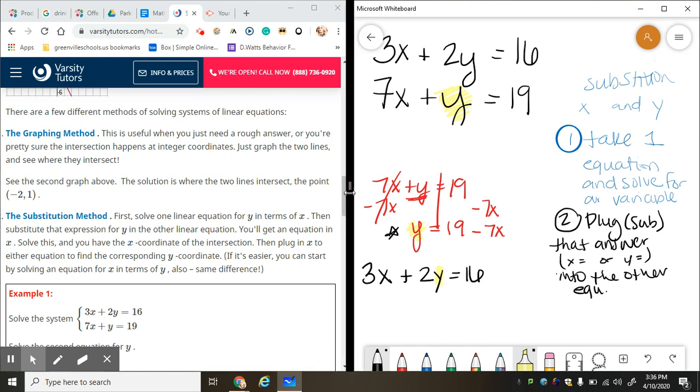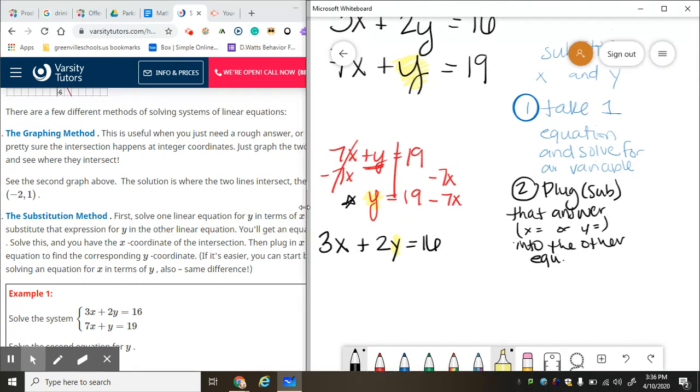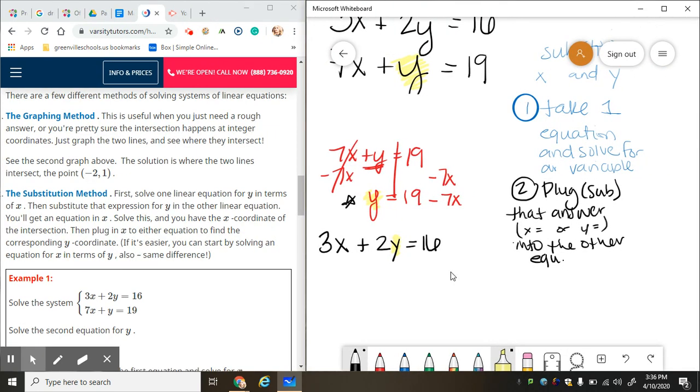So I'm going to move this down now. If I'm substituting, I'm taking this y out, and I'm going to put in this answer instead of y. So I'm going to rewrite it: 3x plus 2 parentheses 19 minus 7x parentheses equals 16.